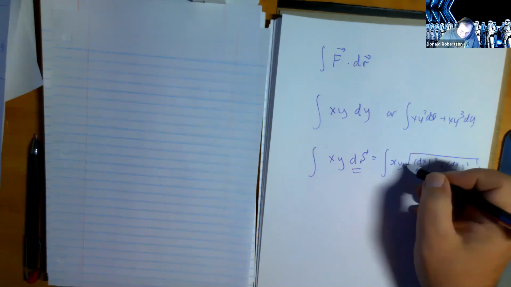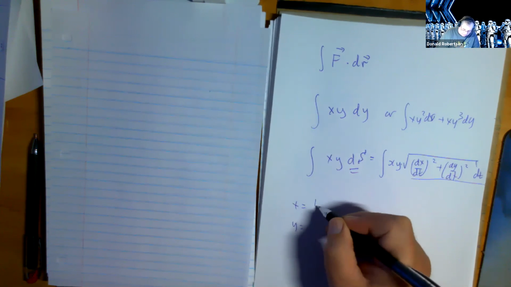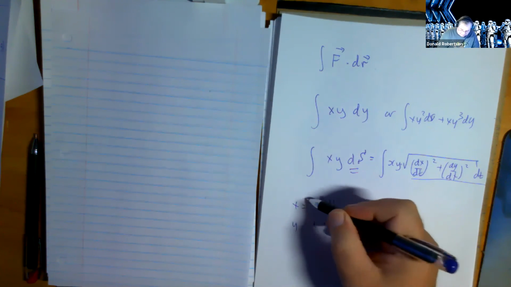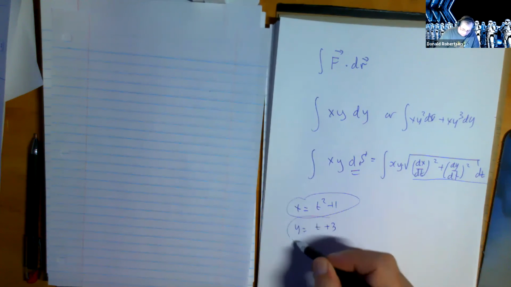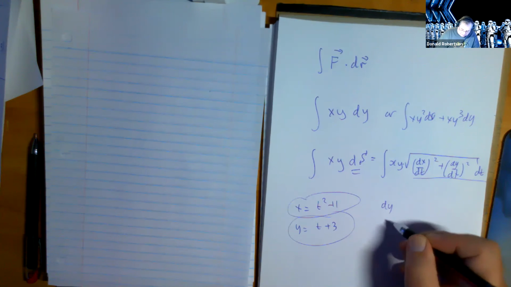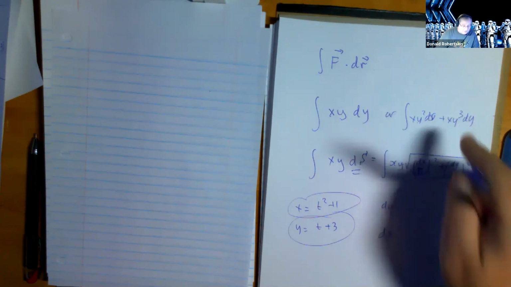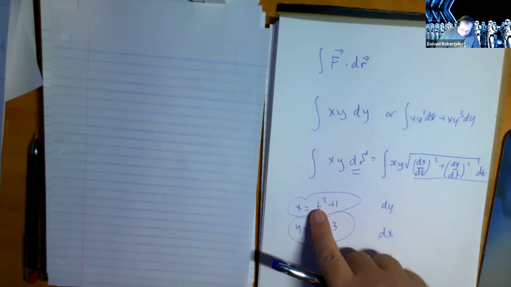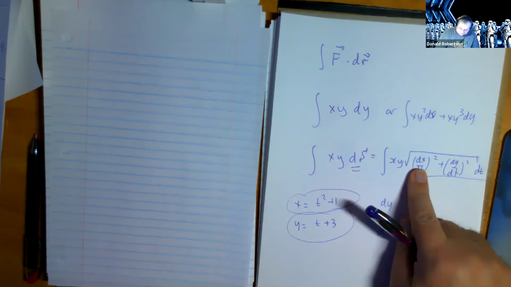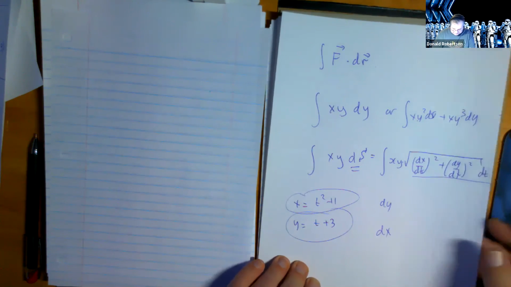Now, in this question and in this question, don't you take parametric, whatever it is, and you replace all the x's with that, all the y's with that, and then you replace dy's and dx's, and that's how this one works. And in this case, all the x's and y's, dx by dt goes here, and dy by dt goes here.